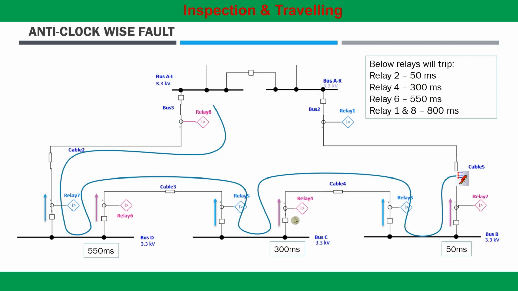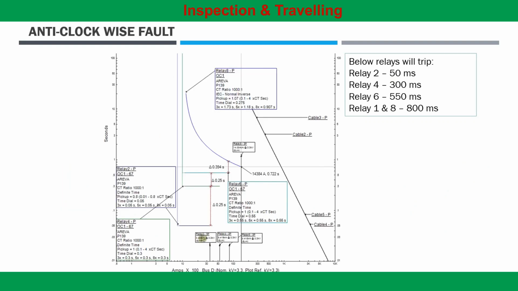Relay 4 will operate in 300 millisecond. Relay 6 will operate in 550 millisecond and relay 8 in 800 millisecond. So if you look at the time current characteristic, relay 2 operates in 50 millisecond, relay 4 operates in 300 millisecond, relay 6 operates in 550 millisecond, and relay 1 and 8 can be set to operate close to 800 millisecond.